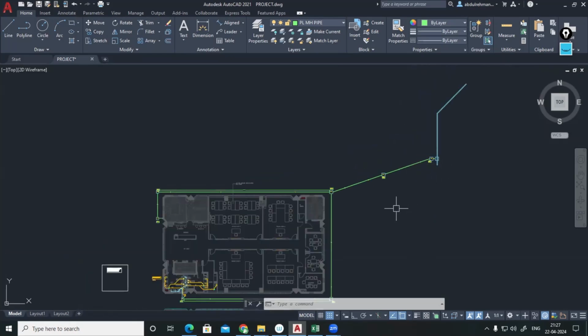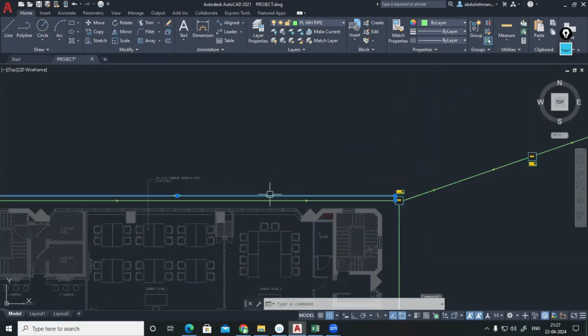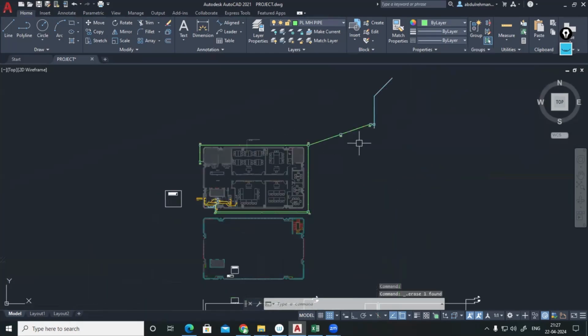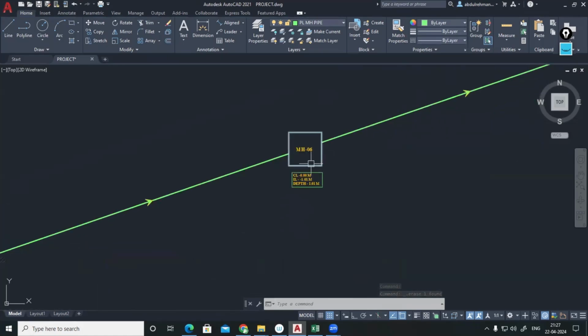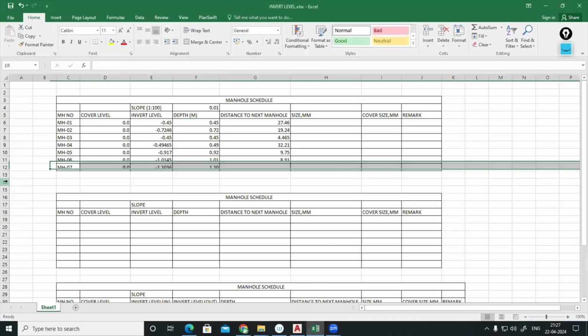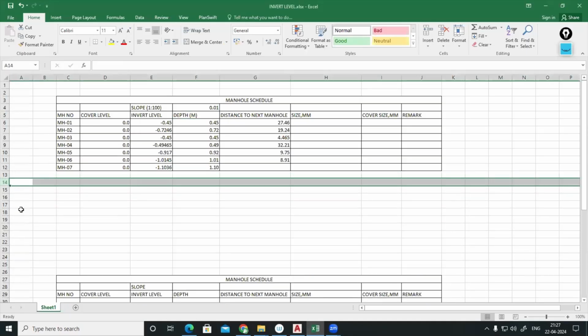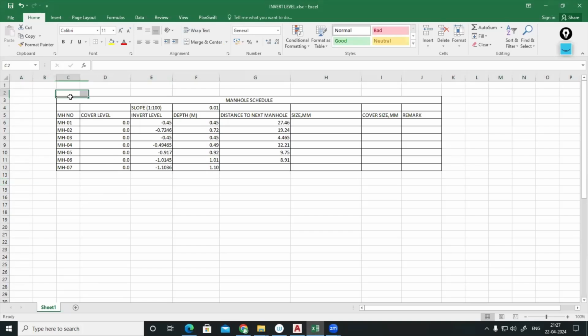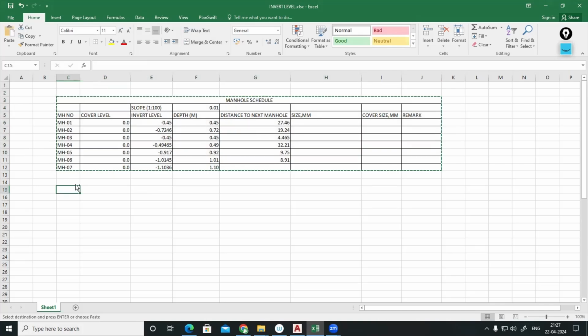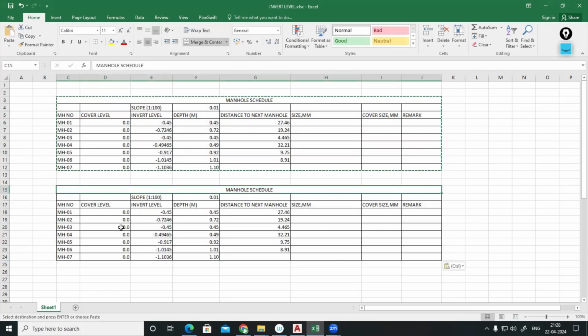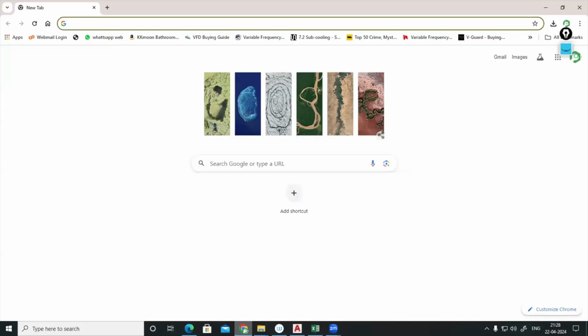Okay. Fine. So I have provided that. But in any case, this height is varying. For example, here all the cover levels are similar only. Everywhere the cover level is similar. But in some cases, for example, manhole number 6 may have a cover level slightly above 00.